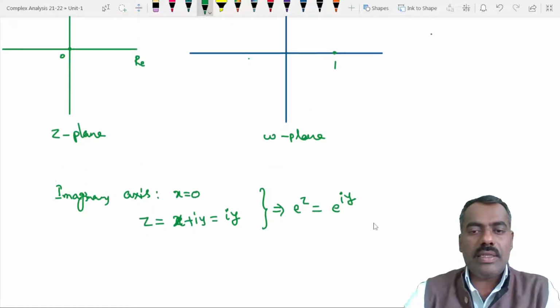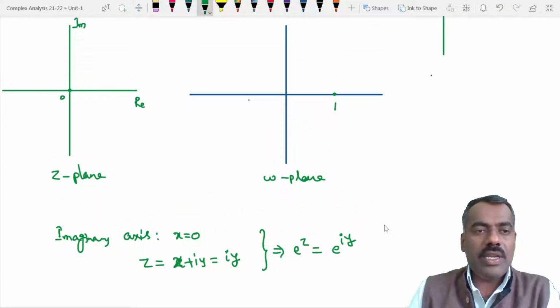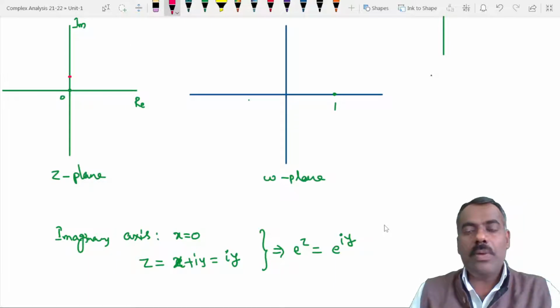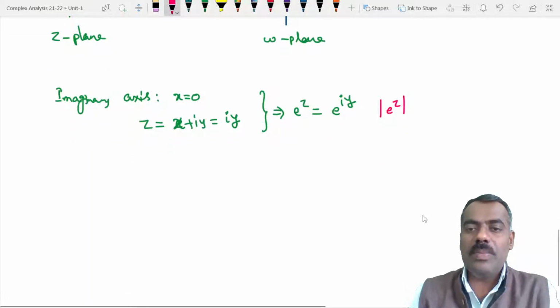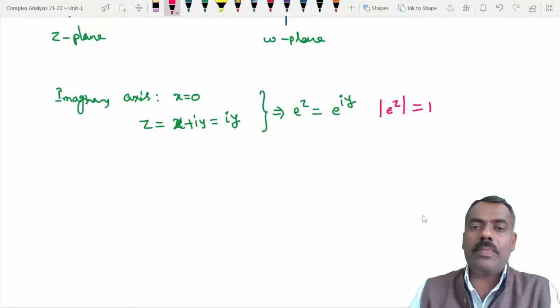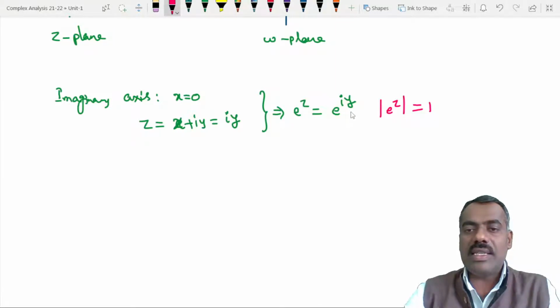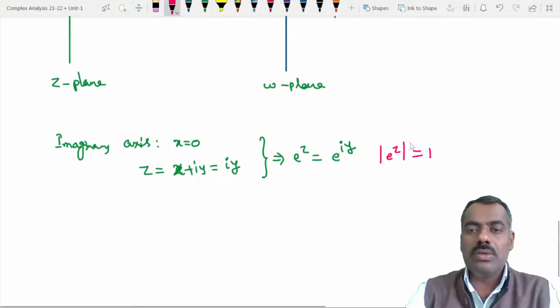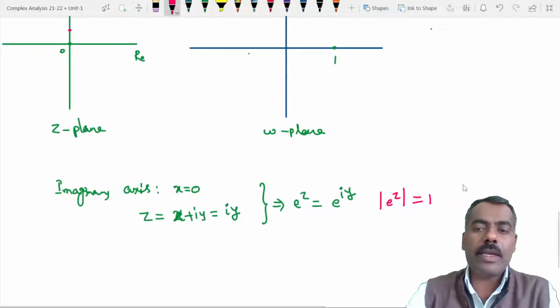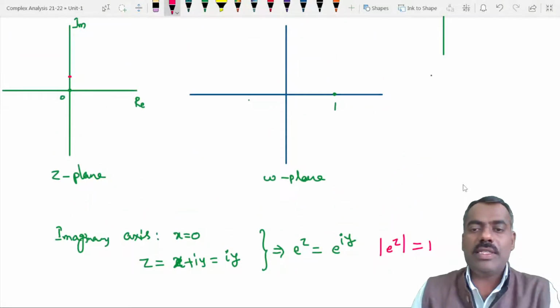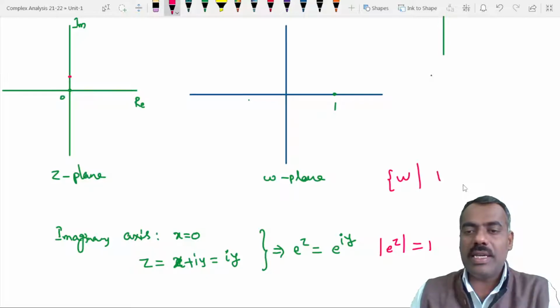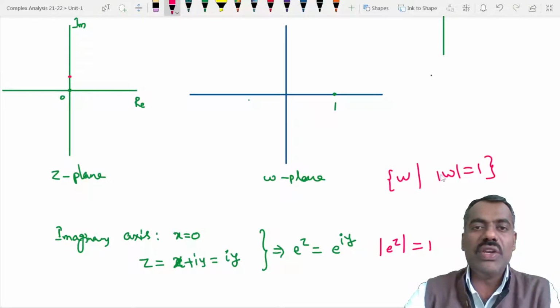So if you take any point here, then the corresponding point is e power i y. Where will it be? We can observe that the modulus of e power z is 1, that means the distance from origin to that point w is 1. So what are all those points w such that mod w is equal to 1? It is nothing but the unit circle, right.